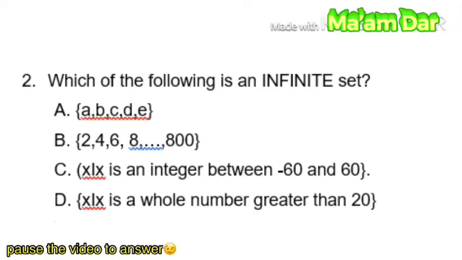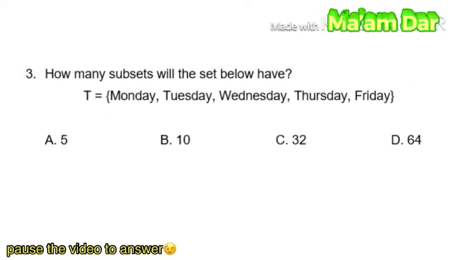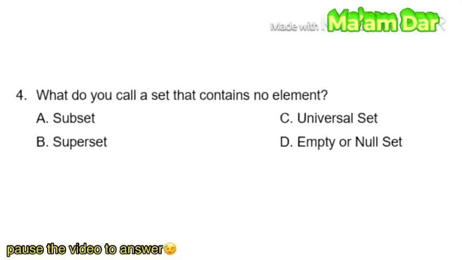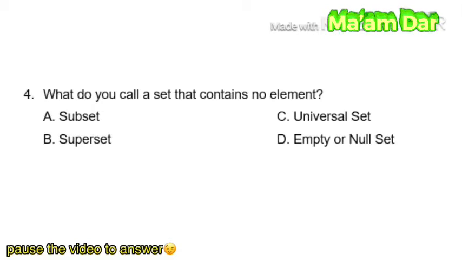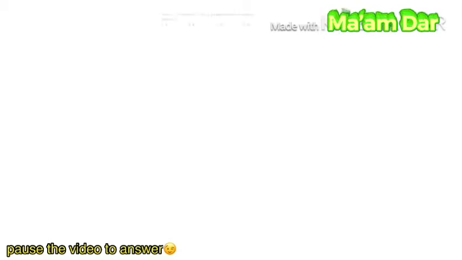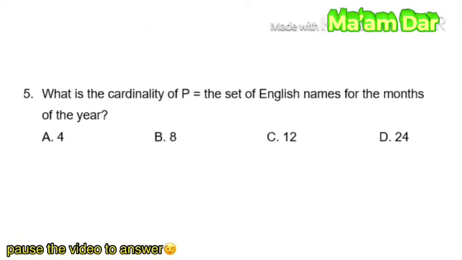Which of the following is an infinite set? Number 3. How many subsets will the set below have? Number 4. What do you call a set that contains no element? Number 5. What is the cardinality of P, if P is the set of English names for the months of the year?